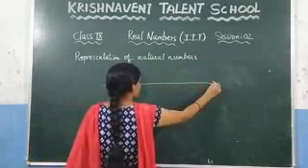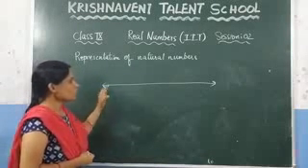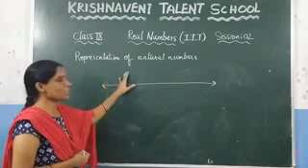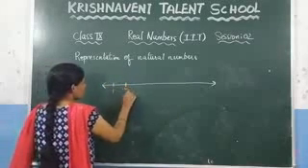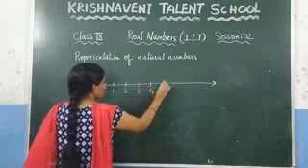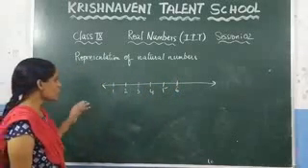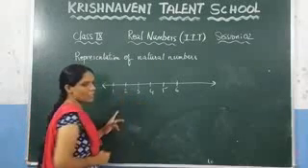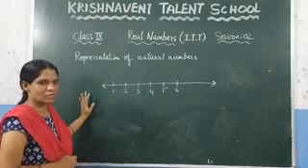You need to draw the number line first, right? And after that, you need to write the numbers. You know that the natural numbers start from 1, so mark it as 1, 2, 3, 4, 5, 6 and so on. Here you can observe that if you go to the right side of the number line, the number will be increased. This is about the representation of the natural numbers.